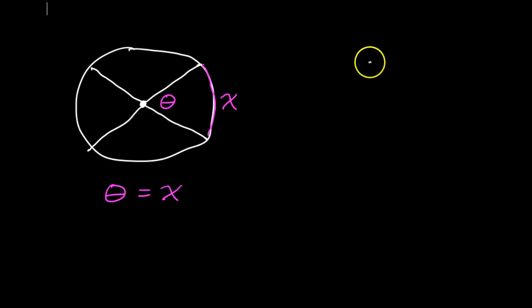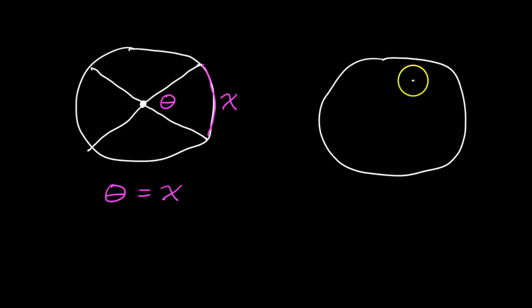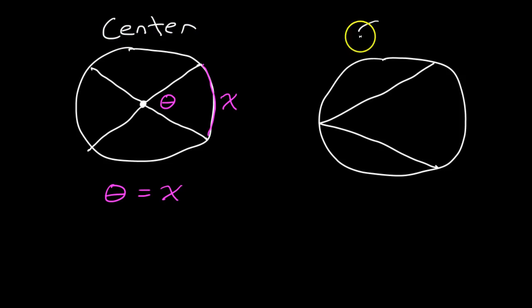Then we learned about something called inscribed angles. So an inscribed angle is when you have an angle whose vertex is on the circle. So this was when the vertex is at the center, and this will be when the vertex is on the circle.